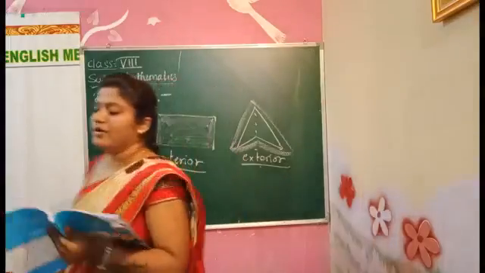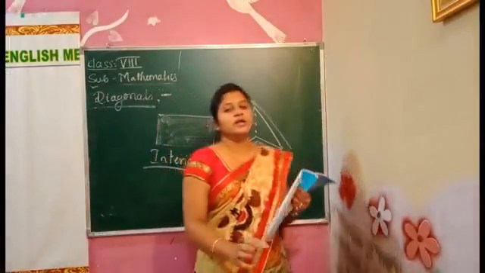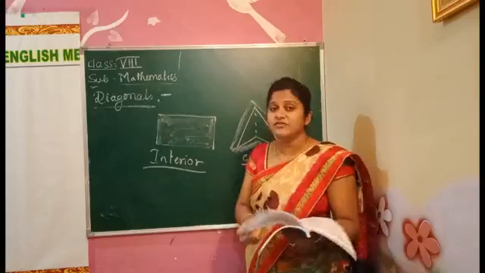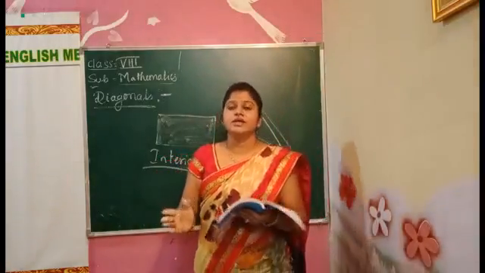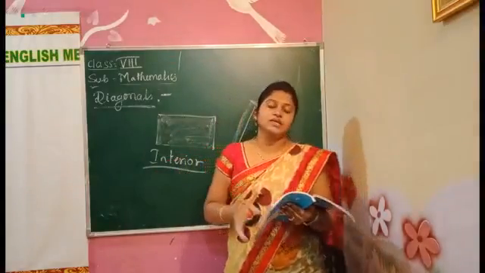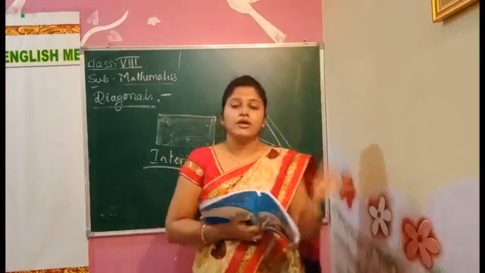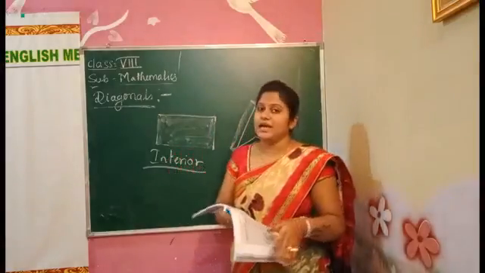Okay, now what did we study? The first one, what is called as a plane surface, what is called as a plane curve. Different types of curves we studied. After that, polygons we studied. Different types of polygons we studied. After that, diagonals, and the last one is interior and exterior.